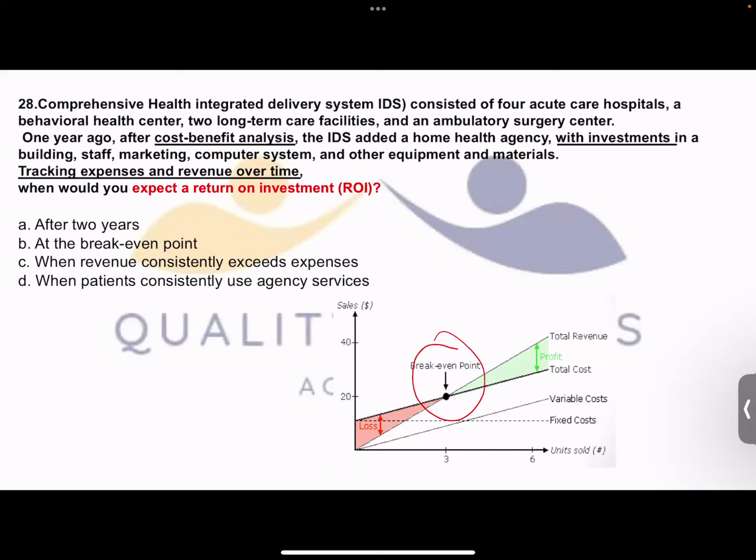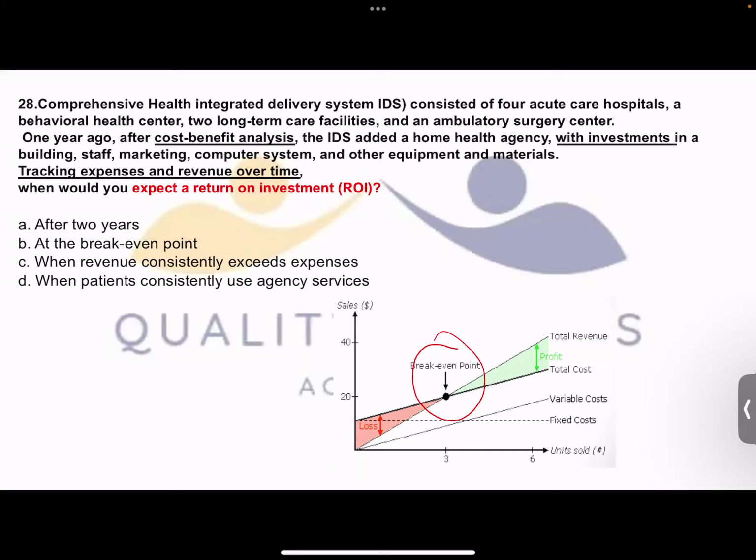A return on investment is realized when revenue consistently exceeds expenses, as this indicates that the organization is generating profits after covering its costs. Yes, you got the point, Dr. Gulam. So in this scenario, the investments made in the home health agency, like the building, staff, marketing, and equipment, will start contributing positively to the organization's financial performance only when revenue surpasses the ongoing and initial expenses.